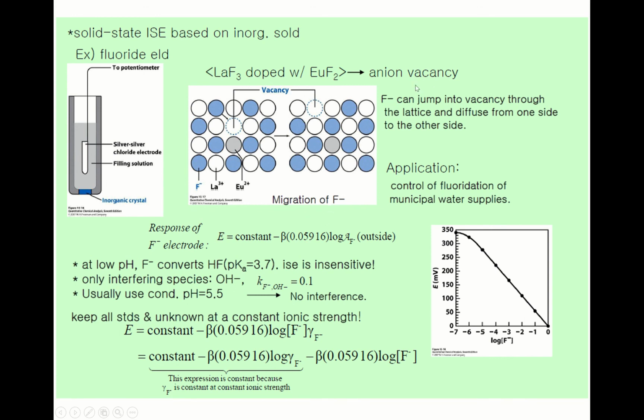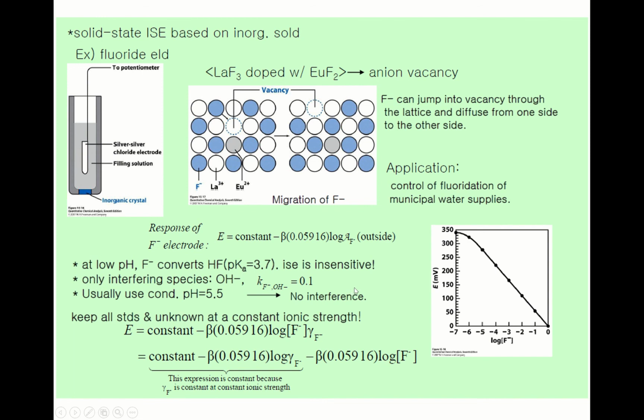So fluoride ion can jump through the vacancies in the lattice and diffuse from one side to the other. This fluoride ion selective electrode is very useful for control of fluoridation of municipal water supplies. Using this electrode, you can measure fluoride ion concentration very rapidly.